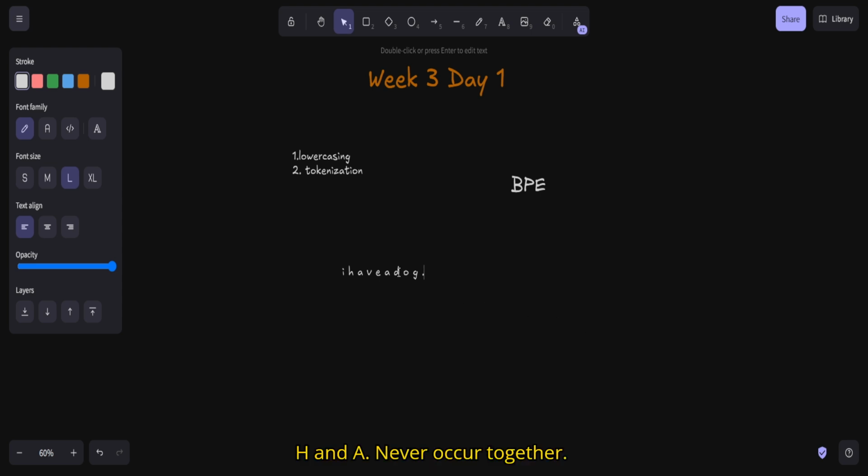Let's say H and A never occur together. If I have "I have a cat", you'll notice "I have a" always occurs together, they occur together a lot, so this can be one token. They see which small parts are together most frequently, make that a token, and the separate ones stay separate.